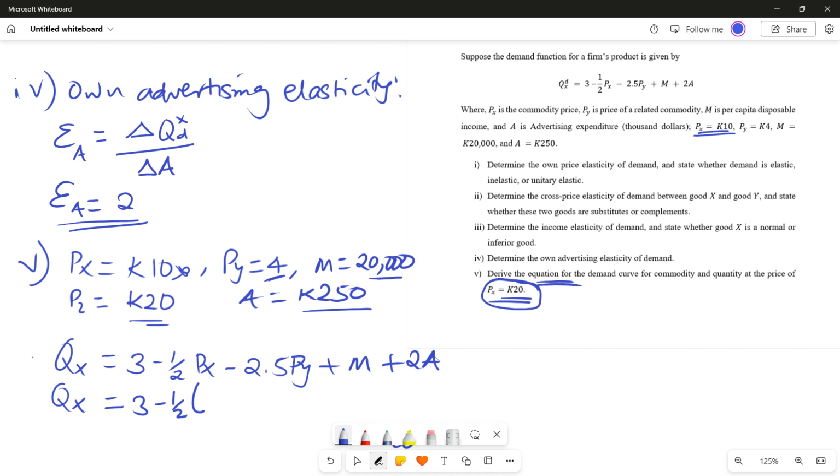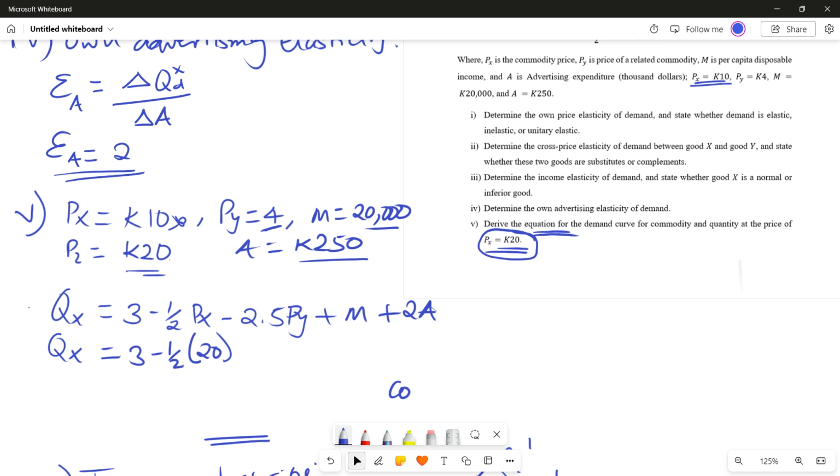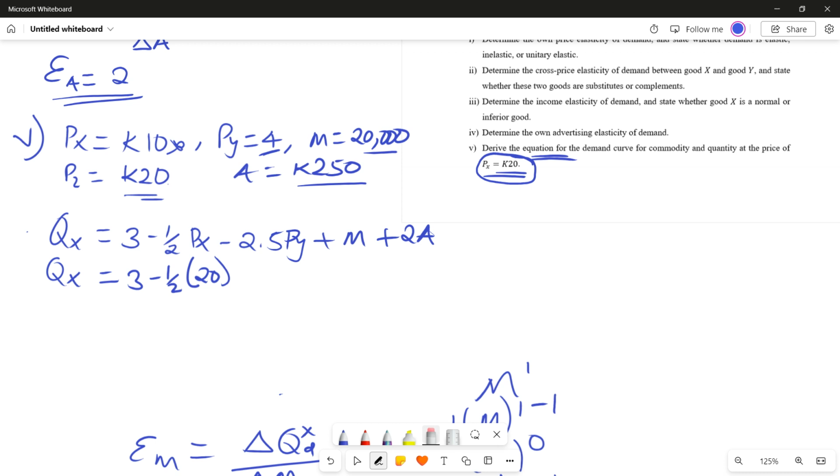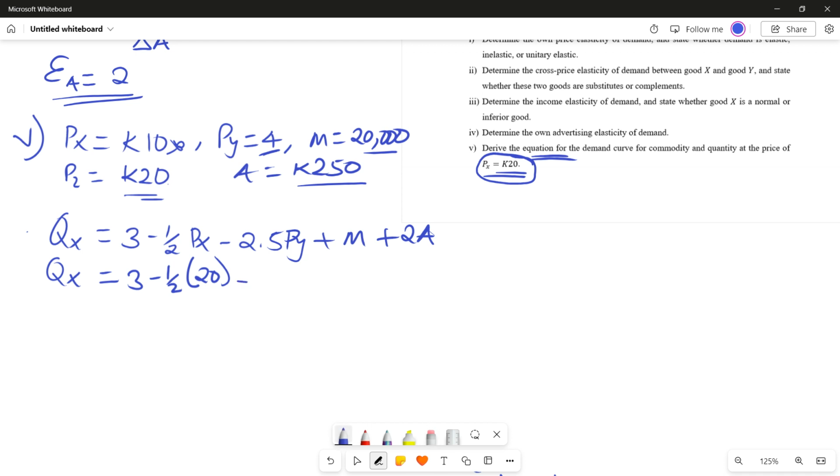The price of x is no longer 10, it's 20 now, so we have a 20 there, and then minus 2.5 times the price of y, which is 4, plus the income, still 20,000, plus 2 multiplied by advertising expenditure, 250.